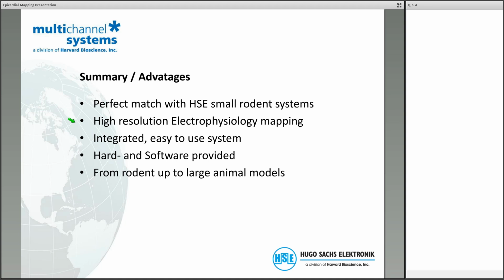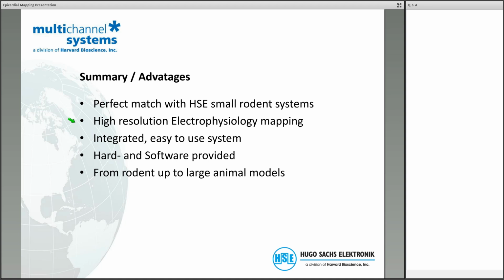You get information on conduction velocity. You get information on the connexins that are linking the different cardiomyocytes. You get information on the conduction propagation system in the heart and on the integrity of the heart.